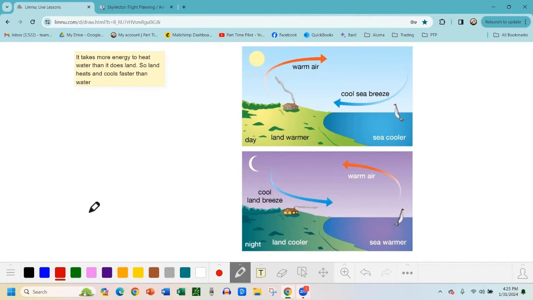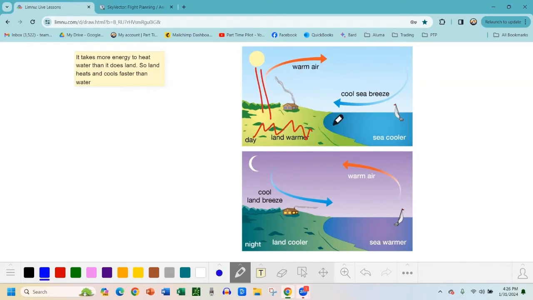And at the same time, it also takes more time for the sea to cool. So on the flip side of that, you get land that heats and cools faster than water. So in the morning, the sun's beaming down and it heats up the land faster than it heats up the water.